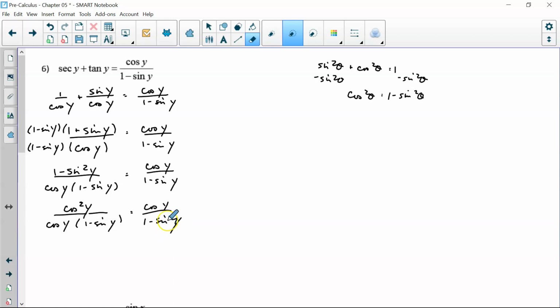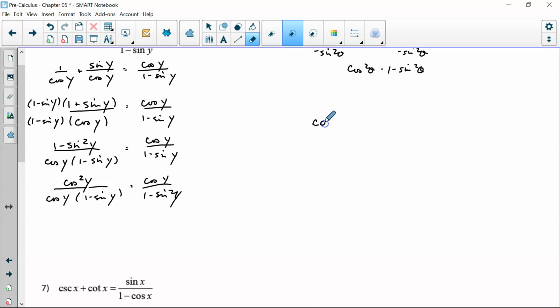Now keep in mind, cosine squared is just cosine of y times the cosine of y. So if we have cosine squared divided by the cosine of y, the cosine of y on top and the cosine of y on the bottom cancel.